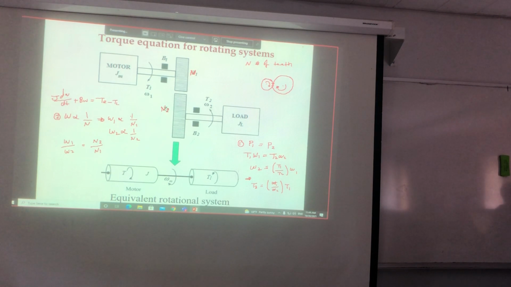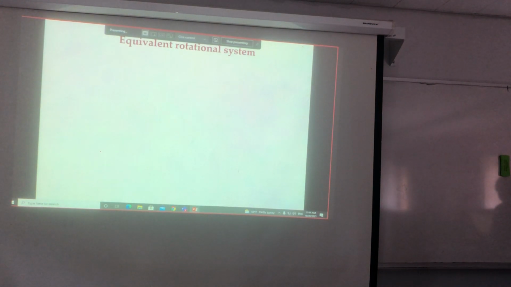So simply I can do that and say, for example, if I'm writing the load side, then it will be J load d omega load by dt plus B of the load multiplied by omega of the load must equal TE, the torque of the motor, or the reflected torque of the motor.